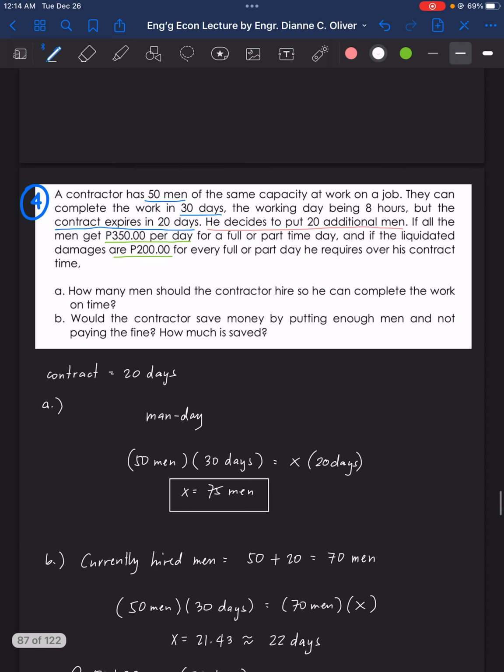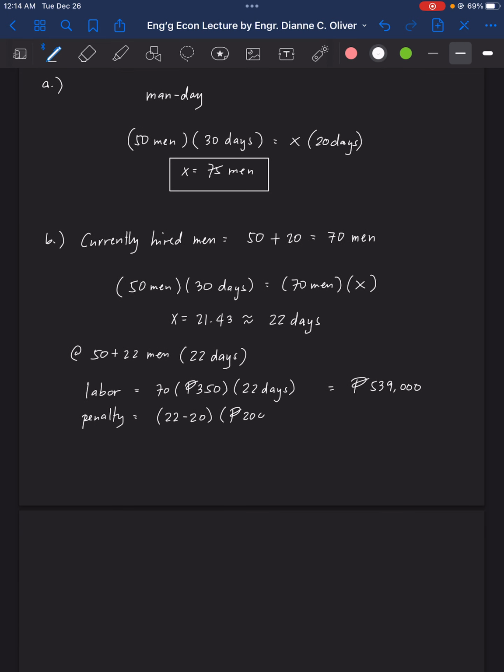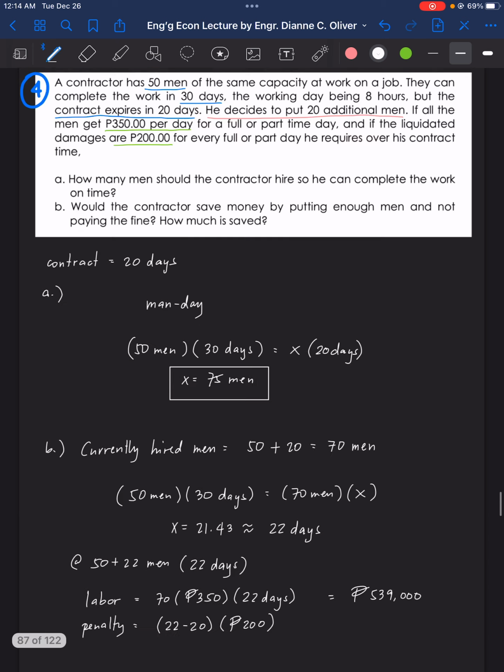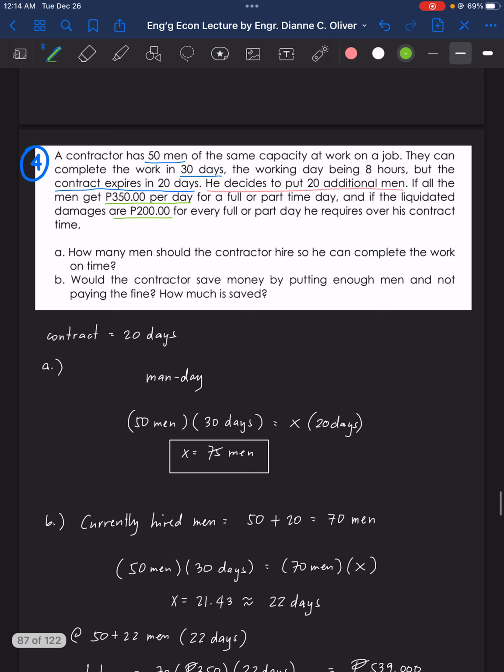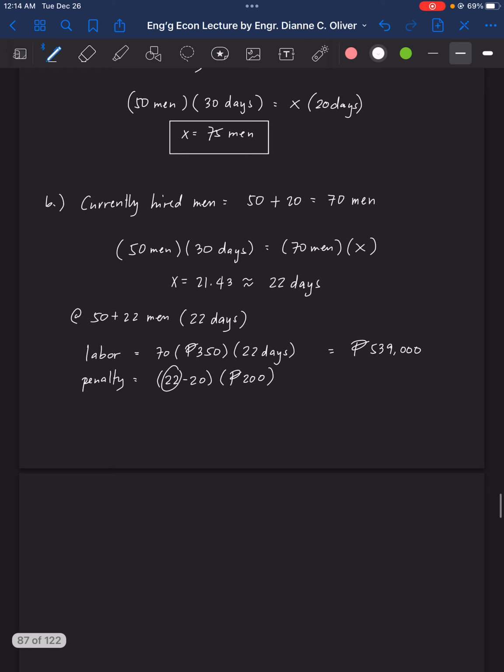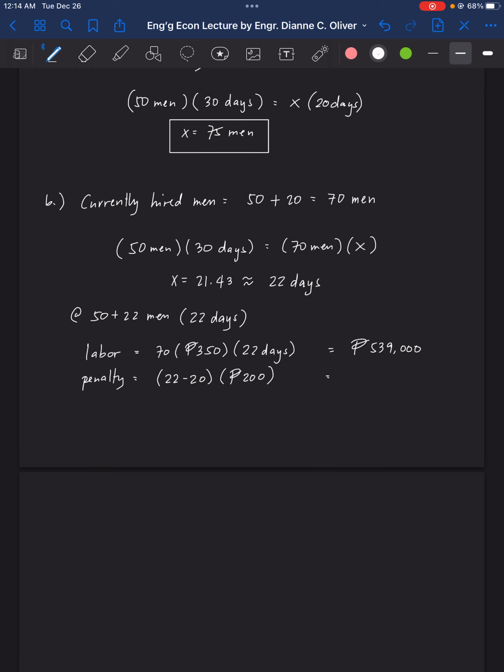And that is 200 pesos. It also mentioned here for every full or part day, so that's why we have here 22. So 22 times 200 is 4,400 pesos. So the total is 539,000 plus 4,400, that is 543,400.